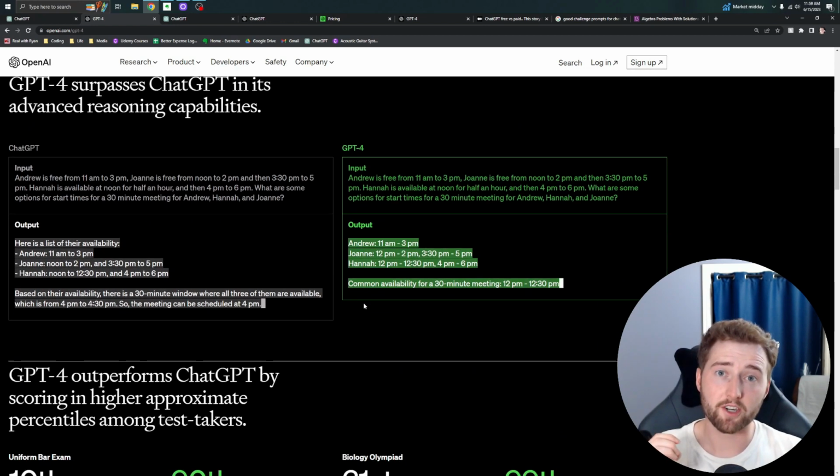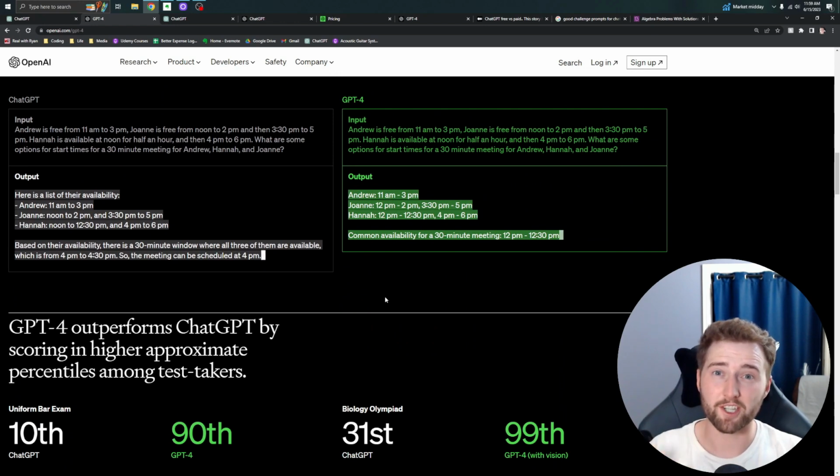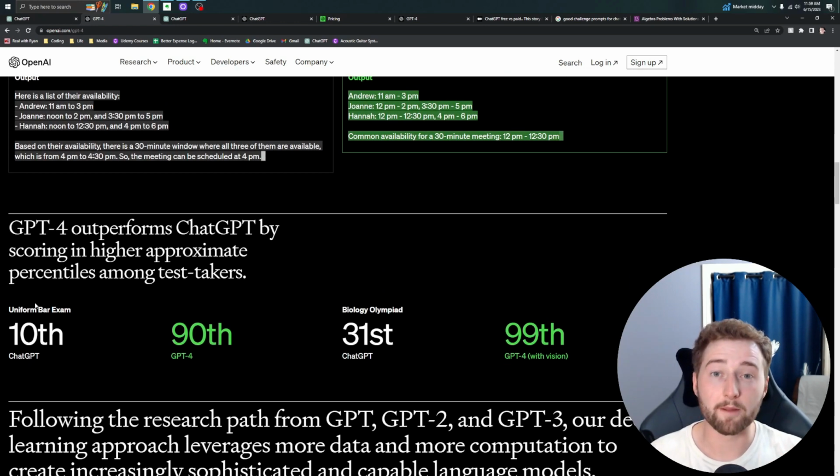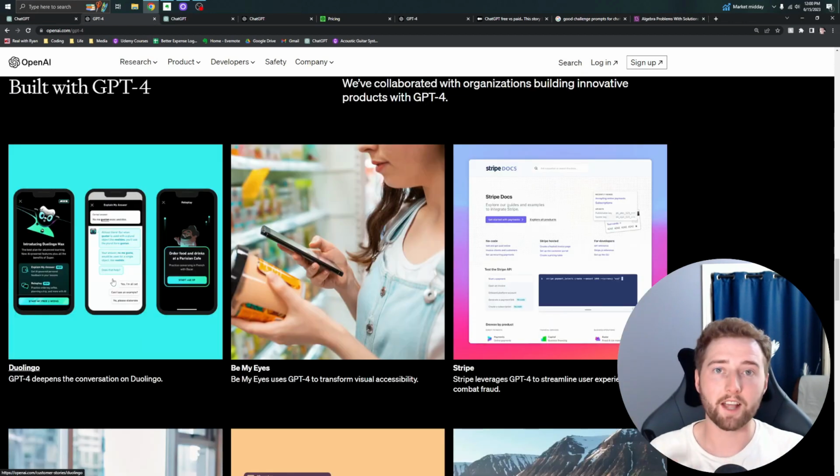The combination of all of these features means that GPT-4 should be a much more capable language processing model and is able to accomplish creative tasks better, has the ability to think or problem solve in a more intuitive way, and is even performing much better at standardized tests such as the bar exam or the biological Olympiad. As another fun fact, GPT-4 is what Duolingo is using to run their AI programs on the Duolingo app.